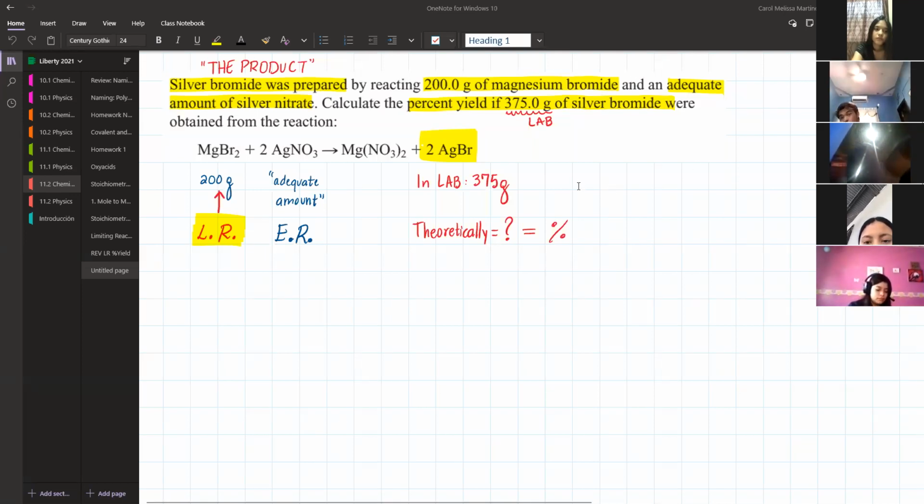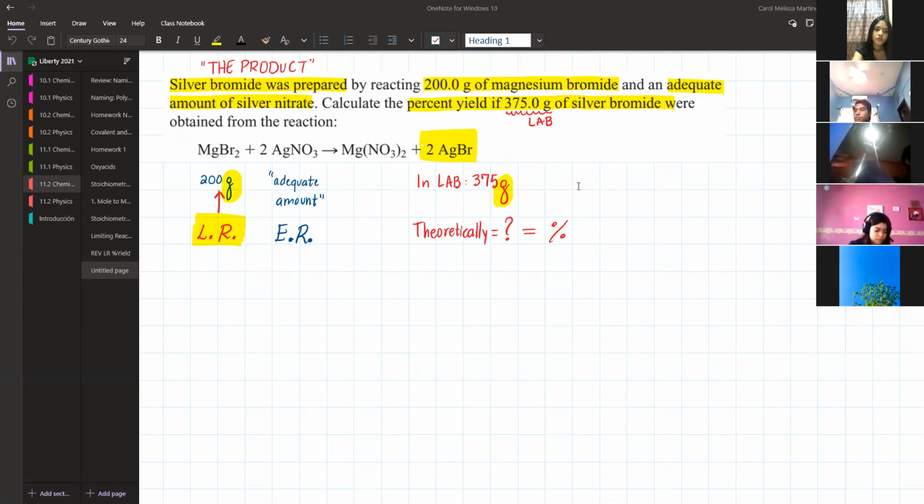So I begin my problem by analyzing the units, the given and the unknown. The given is in grams and the unknown is in grams, which means you're going to be working with a grams to grams conversion, okay?